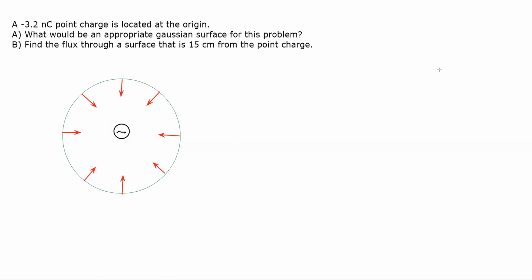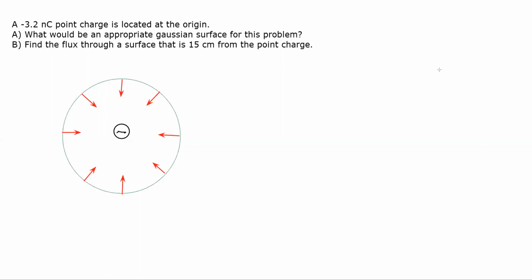Okay, so here's my electric field going towards the negative charge, right? We talked about that in chapter 22 or 23. That electric fields from negative charges always point towards the charge. Okay, so I have electric field. We know it's uniform or constant along this sphere, along my surface.